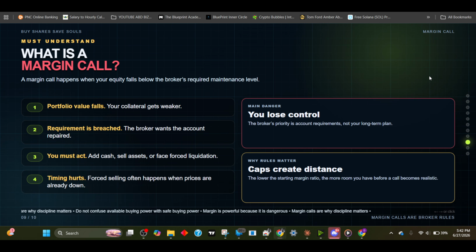The timing hurts because forced selling often happens when prices are already down, and those are the prices where you need to be buying. Buy at a deep discount, right? That's the name of the game. Buy at deep discounts.